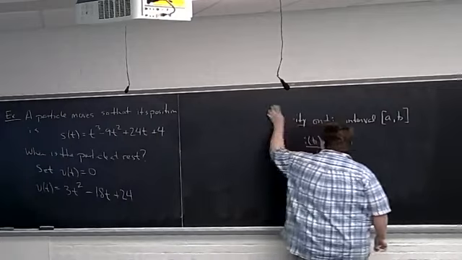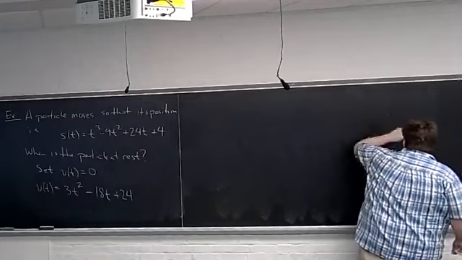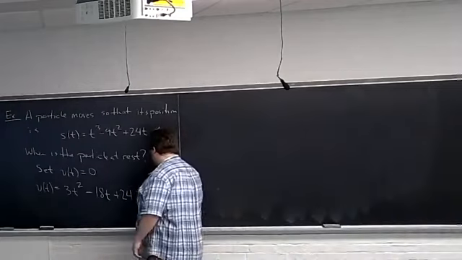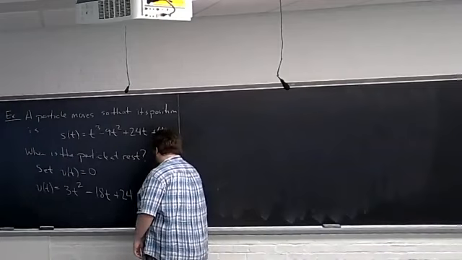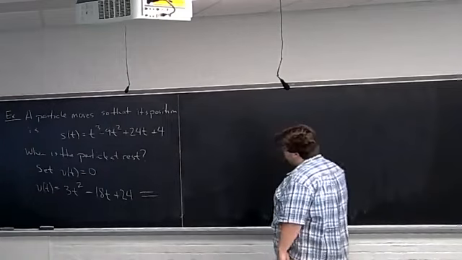We want to set this derivative equal to 0. I'm not going to set it equal yet. I'm going to factor it first. How can we factor this?